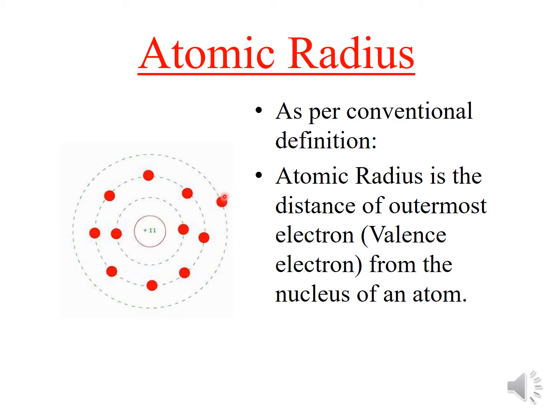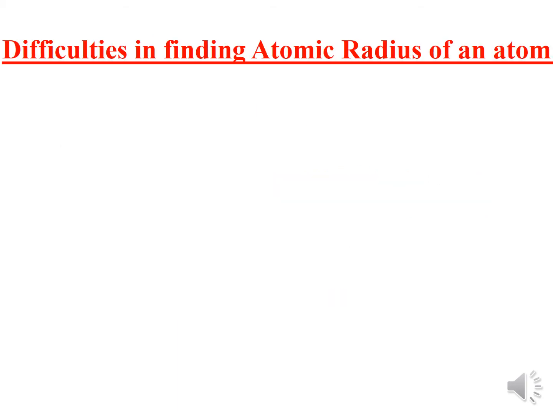But as you know, this electron is a wave, so its position is not fixed. So it is difficult to find out atomic radius in a single atom. Now we will discuss the difficulties that we face in finding out the radius of an atom.